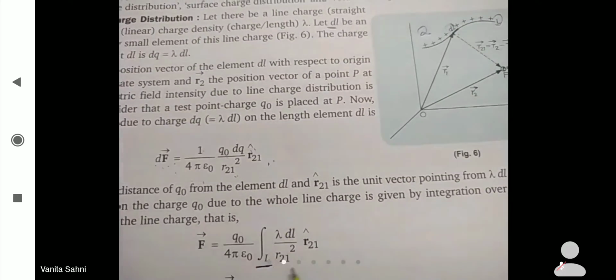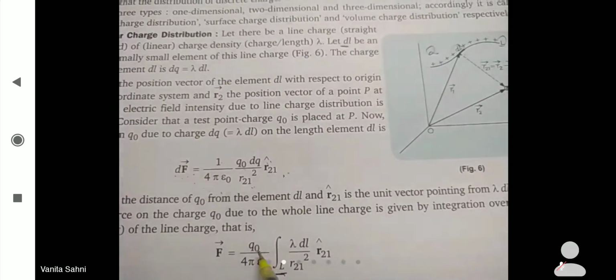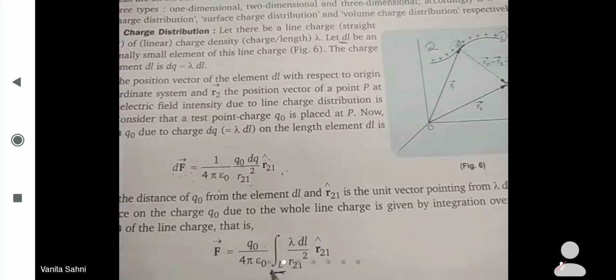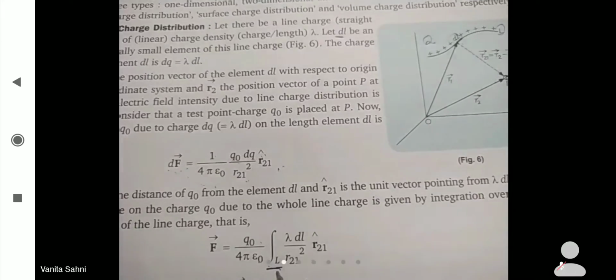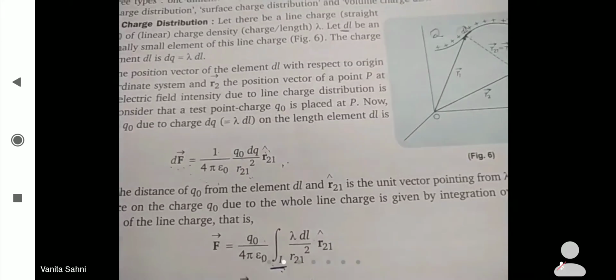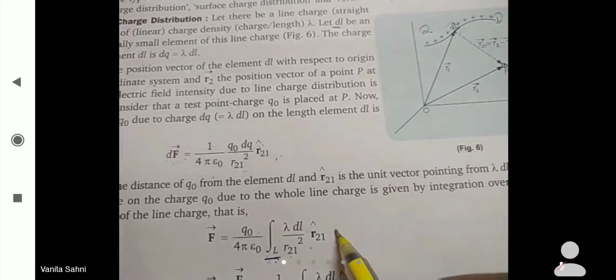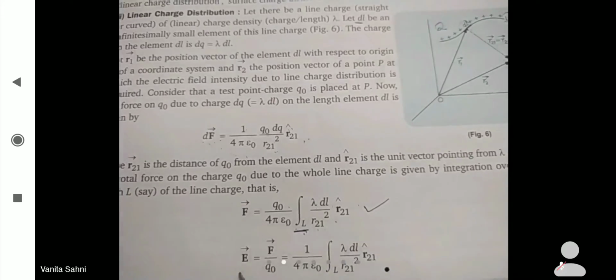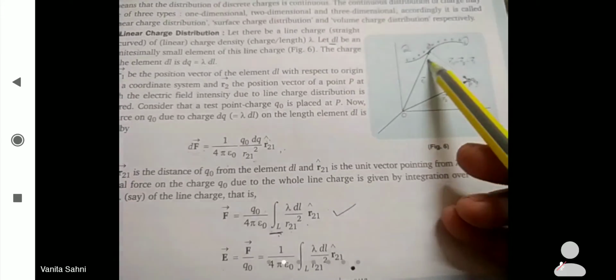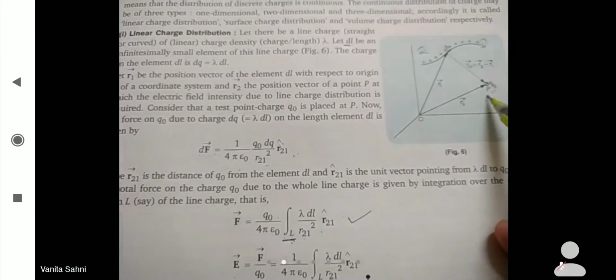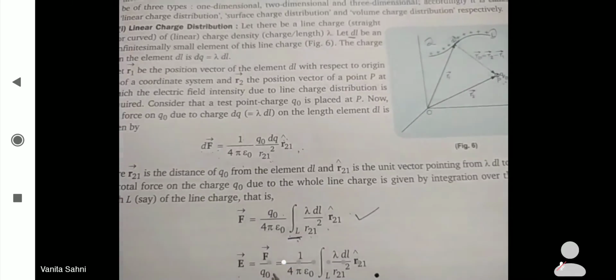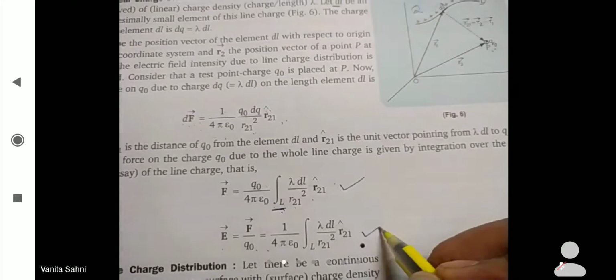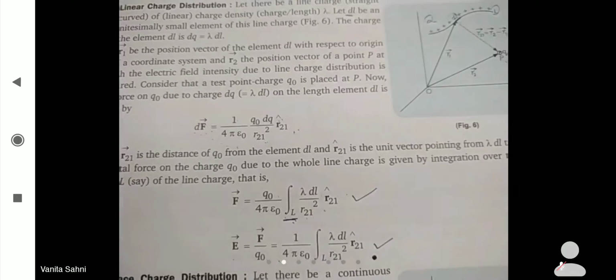That's why that summation goes to integral form. So it becomes q naught upon 4 pi epsilon naught integral over L of lambda dl upon r21 square into r21 vector. Now the force is calculated. It's very easy to calculate the electric field due to this line charge at this point by the formula F upon Q naught. So this will become the electric field due to linear charge distribution.